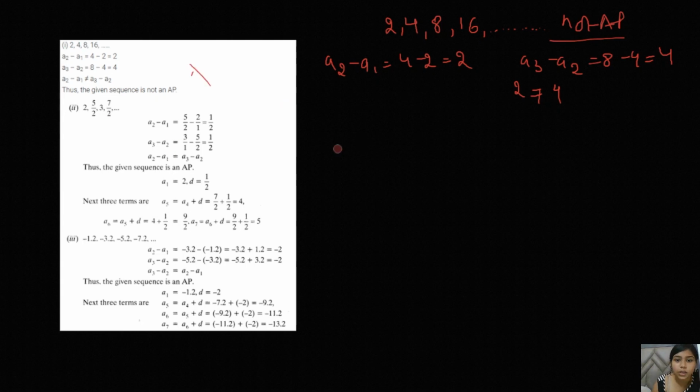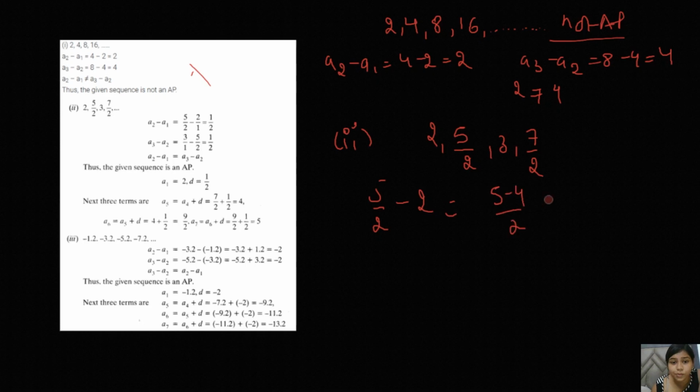Our second question is 2, 5 by 2, 3, 7 by 2. Repeat the same procedure. 5 by 2 minus 2, you will be getting 5 minus 4 by 2, that is 1 by 2. In this case you will be getting 3 minus 5 by 2 equals 1 by 2. So d is equal to 1 by 2. It means this is an AP.